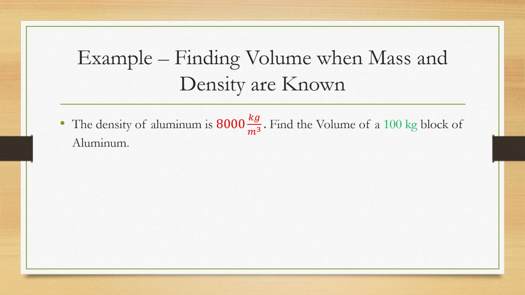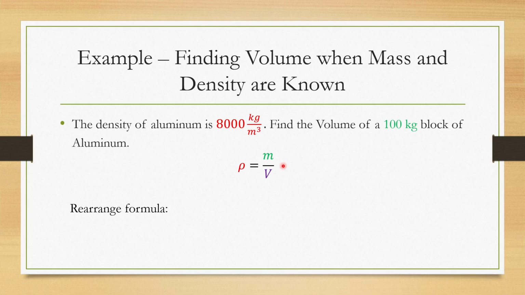Example: I will be talking about finding volume when mass and density are known. The problem is the density of aluminum is 8,000 kilograms per meter cubed. Find the volume of a 100 kilogram block of aluminum. First, similar to the last problem, we will start with density equals mass divided by volume.